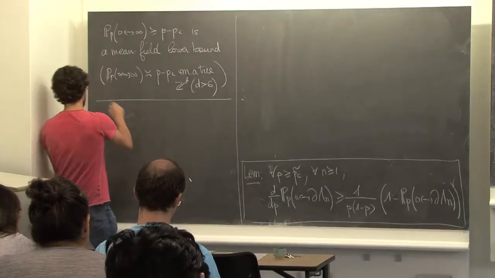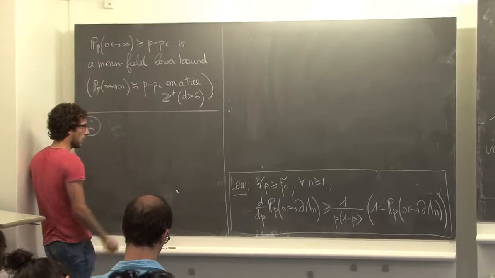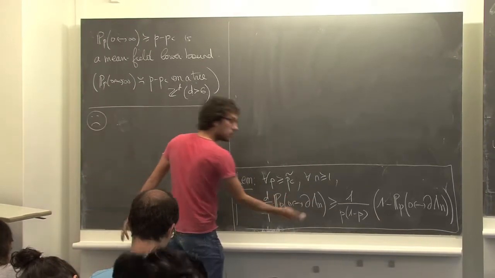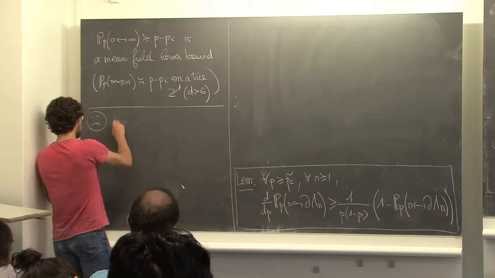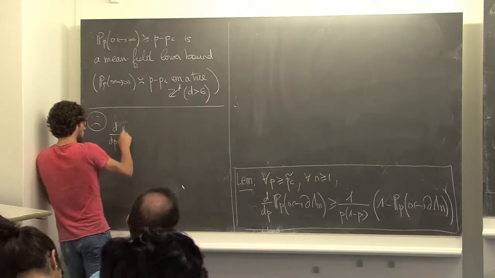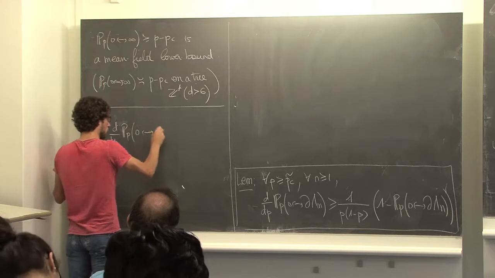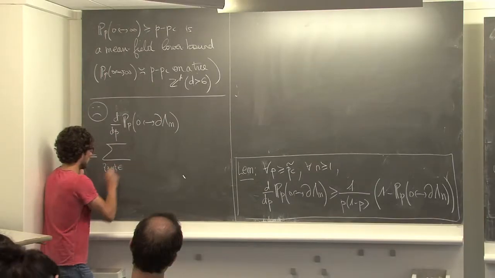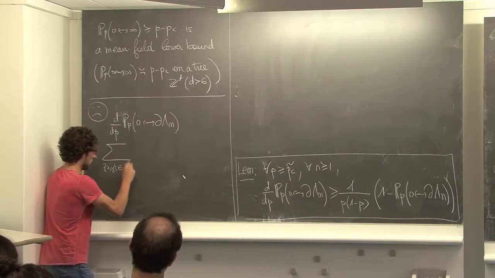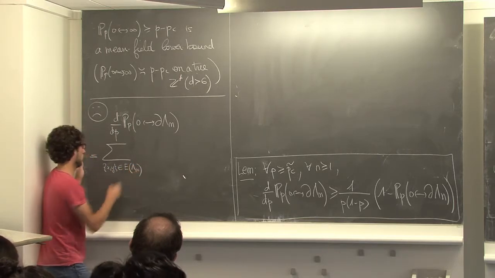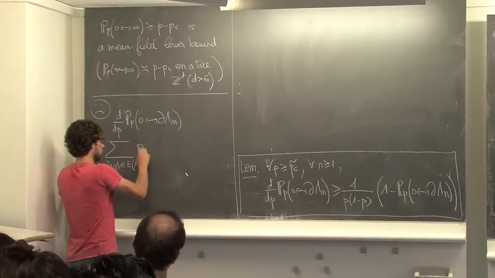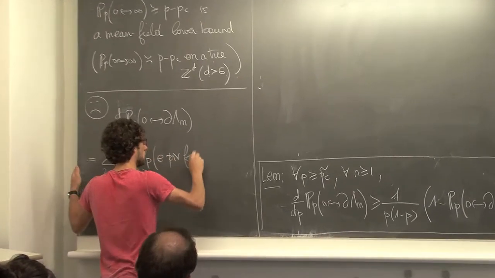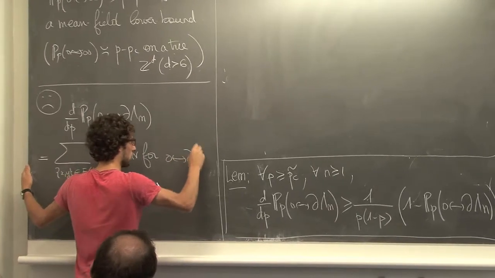How do we do that? Well, let's go pedestrian somehow and say, okay, I know how to write d over dp of the probability that 0 is connected to the boundary of the box of size n. This is just the sum over the edges e of Lambda n of the probability that e is pivotal for 0 connected to the boundary of the box of size n.